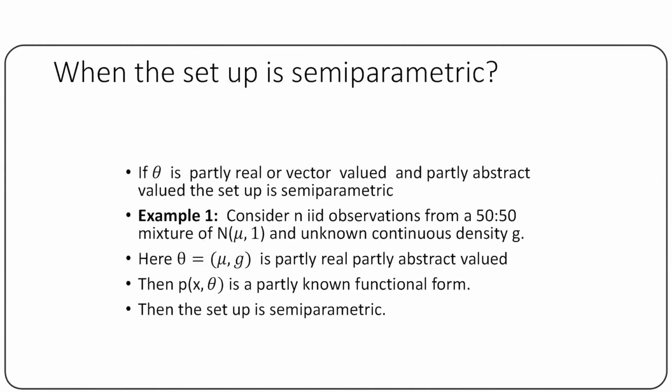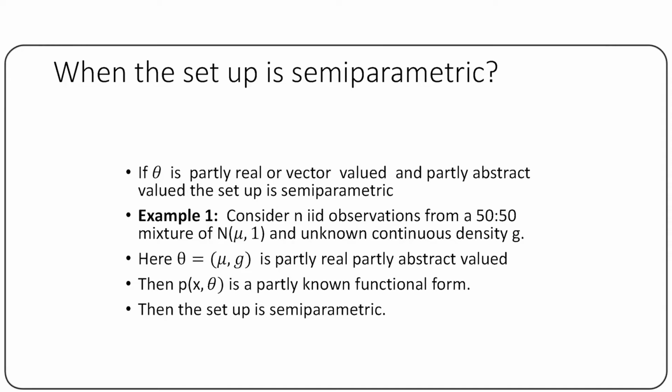So the natural question is, what is a semi-parametric setup? If theta is partly real or vector valued and partly abstract valued, the setup is semi-parametric. Let us consider an example. Suppose xi are IID observations from a mixture density, that is a 50-50 mixture of a normal and an unknown density.